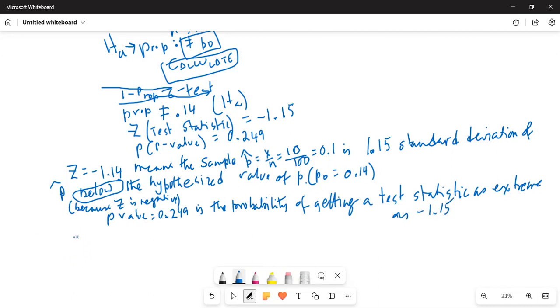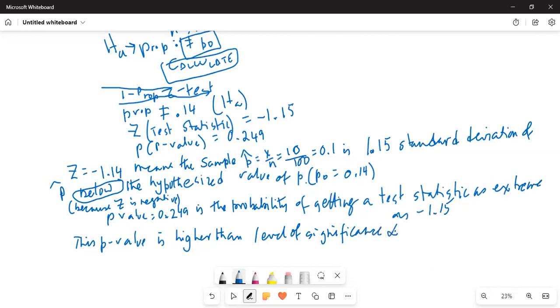This probability, the p-value, is higher than the level of significance alpha, which is 0.05. So what does it all mean?